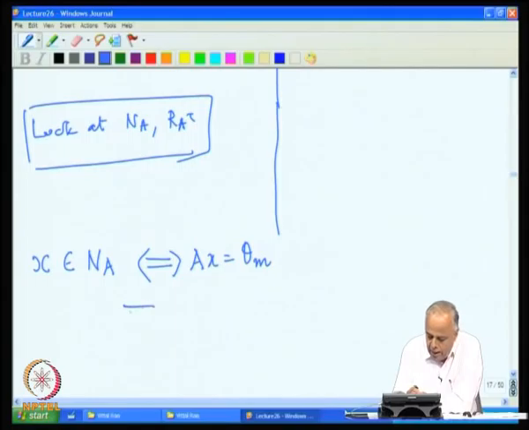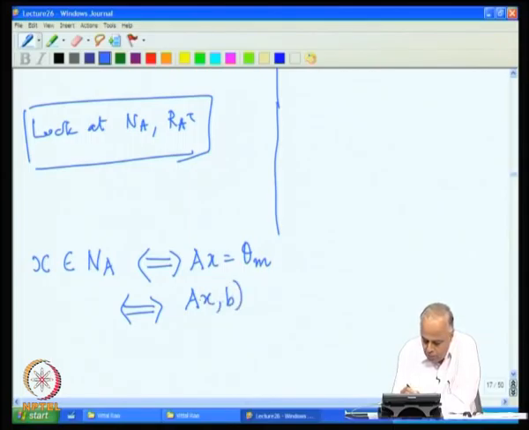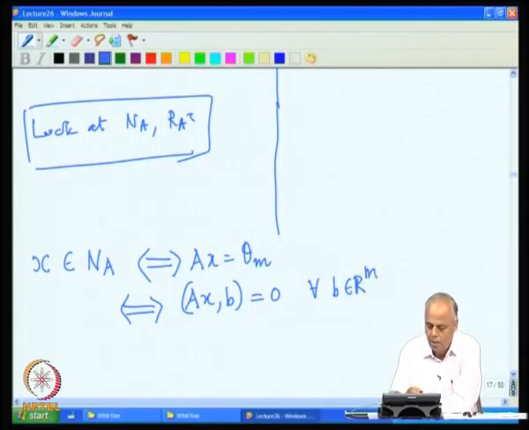Now, if Ax is the 0 vector, the only way something can be the 0 vector is if it is orthogonal to all the vectors. Since it is the 0 vector on the Rm side, it must be orthogonal to all the vectors on the Rm side. That means its dot product with all the vectors on the Rm side must be 0. So, <Ax, b> must be equal to 0 for every b in Rm. But what is the definition of the dot product?